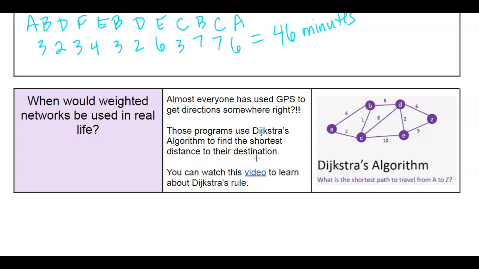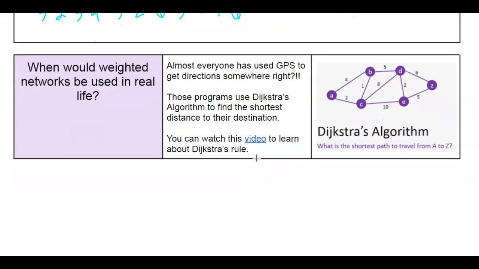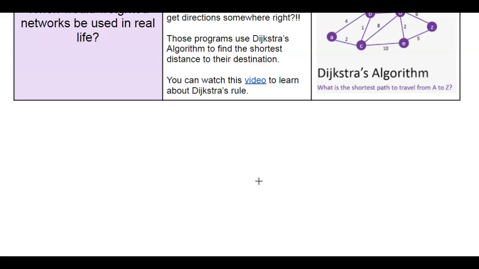Now, sometimes I don't always pick the shortest. It really depends on which way I really want to go. But if you want to learn more about Dijkstra and how he optimized this, you can watch this video. I won't be testing you on that, but I thought, oh, wow, we actually do use Dijkstra's algorithm all the time. Or at least I do, because that's how I travel.